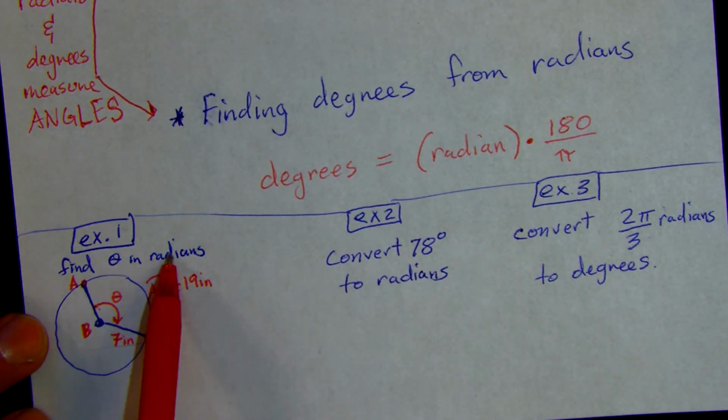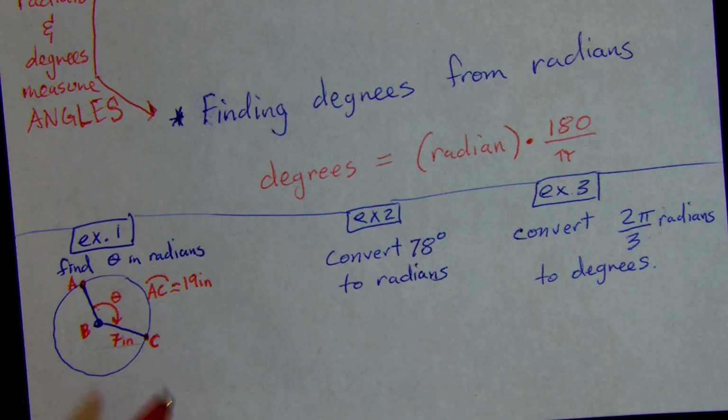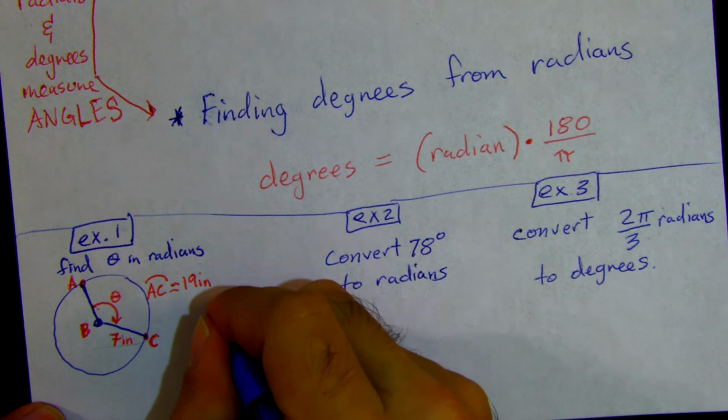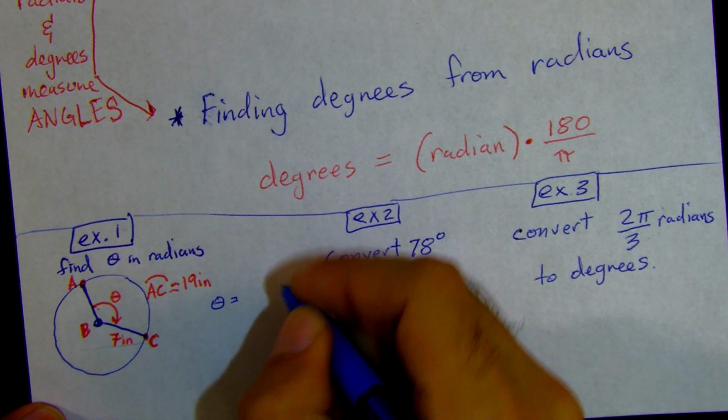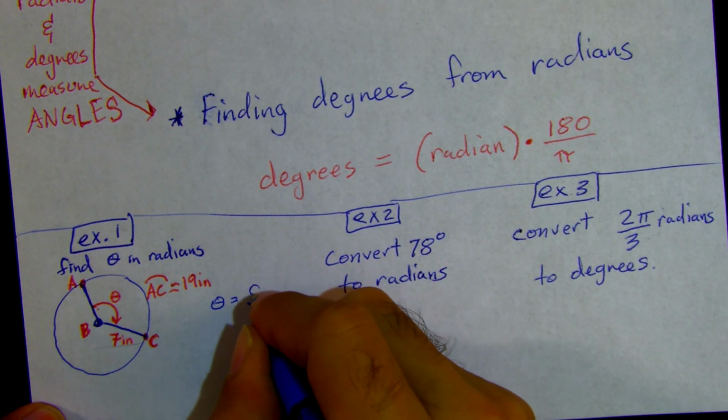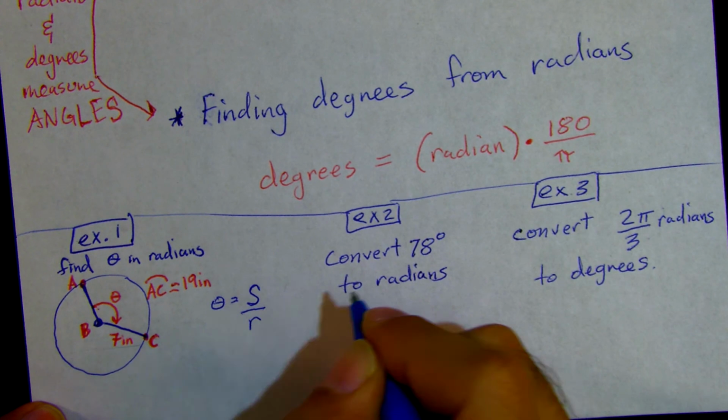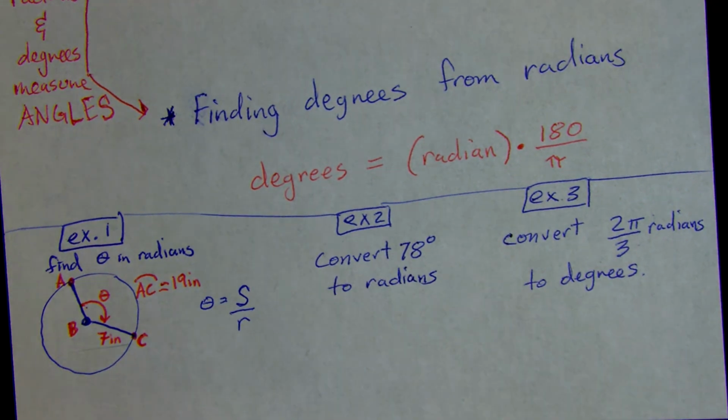Now let's zero in. Let's go ahead and find theta in radians for this guy. We need to remember that theta is equal to arc length over radius. You're going to need your calculator, so go ahead and grab it if you don't have it out, because we're going to be dealing with calculator work here.